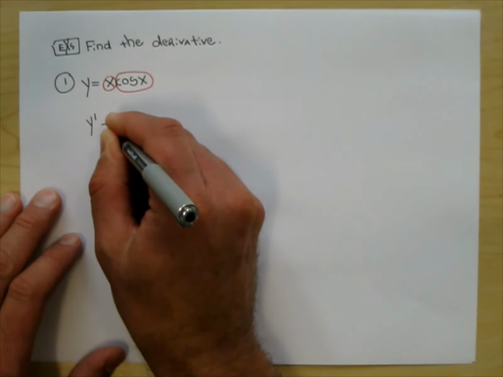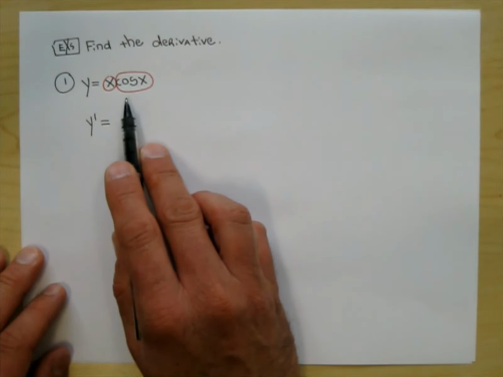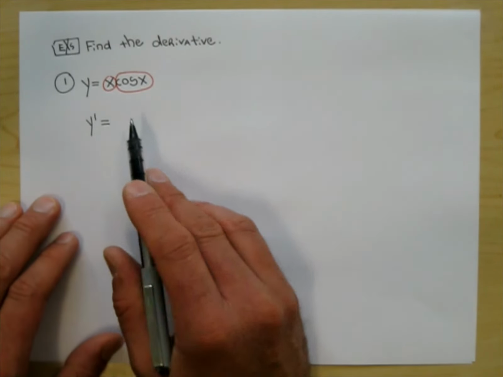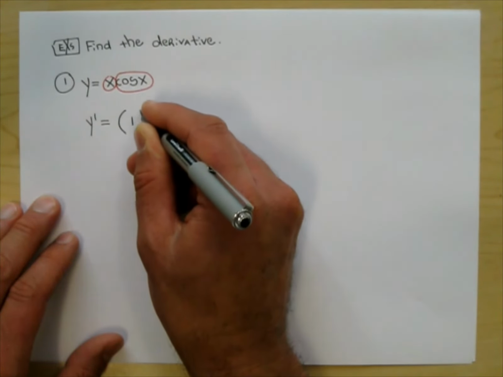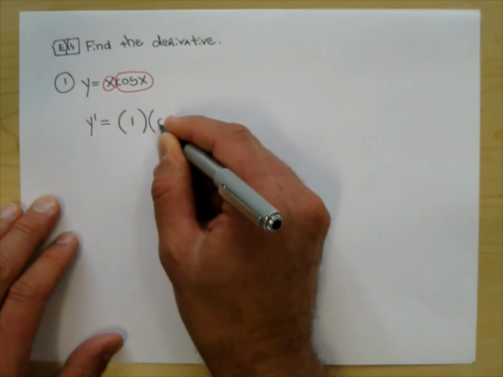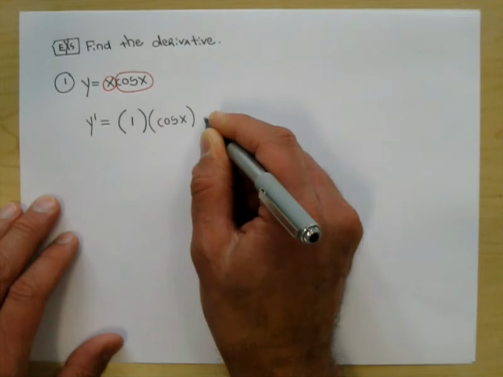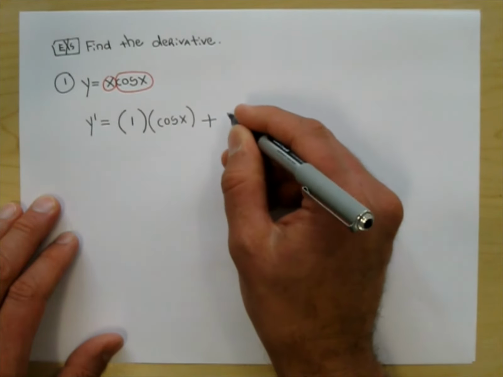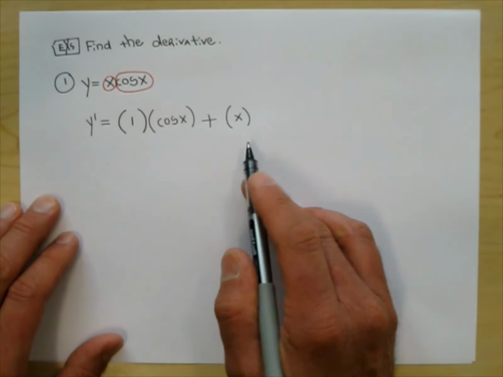So the derivative of this function here, we say the derivative of the first, and I'll put parentheses around here, even though I don't really need that. The derivative of x times the second plus the first times the derivative of the second.